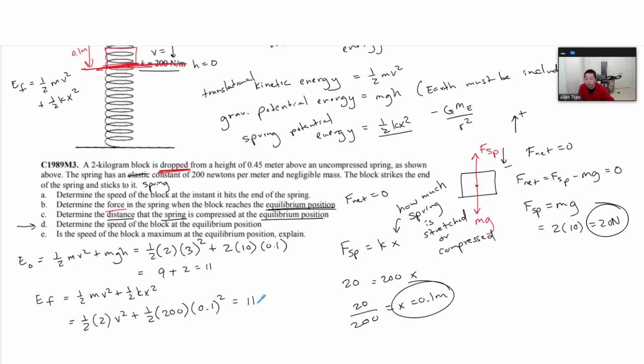That equals 11. Okay, so we simplify: 1/2 and 2 cancel. Just use a calculator for that. 100 times 0.1 squared, I think that's going to be 1. So subtracting the 1, v squared is 10, so v is the square root of 10, 3.16 meters per second.